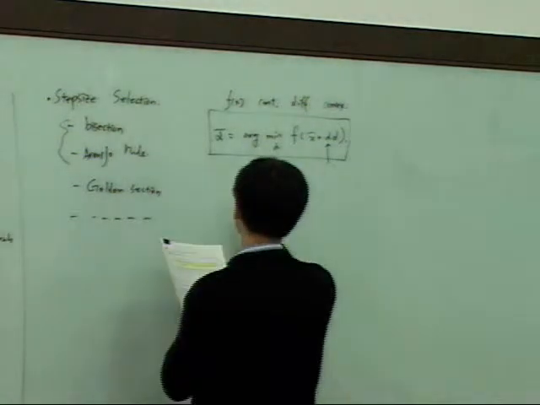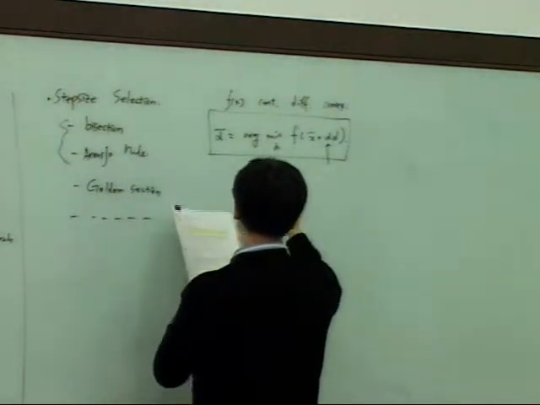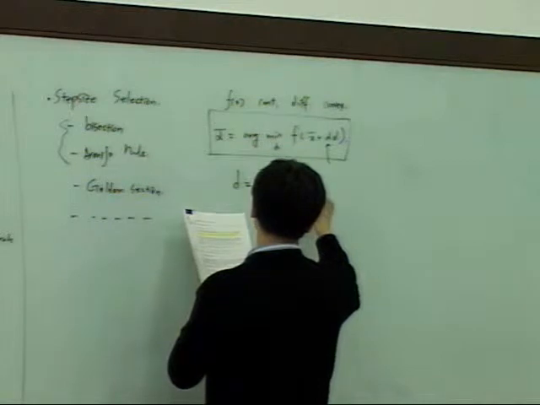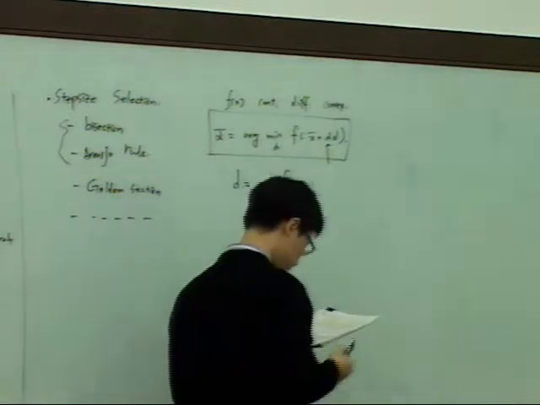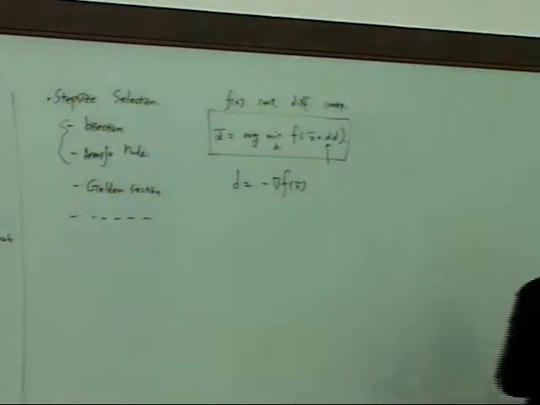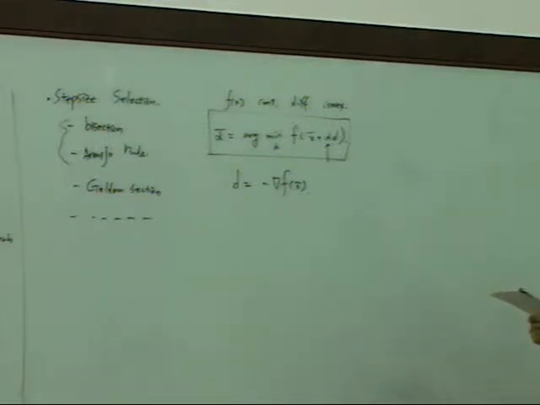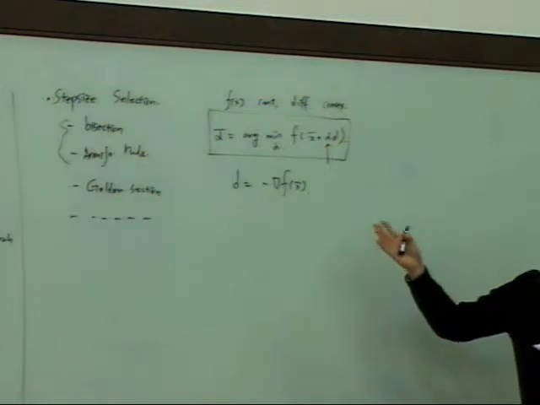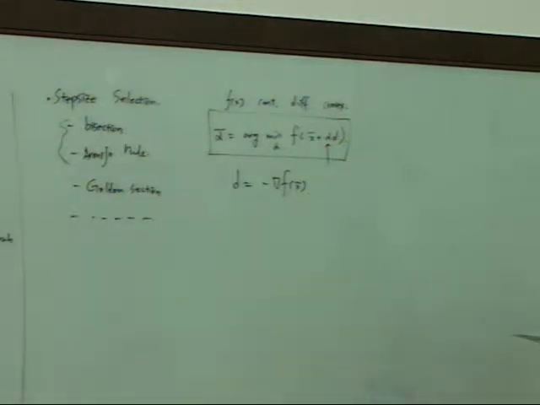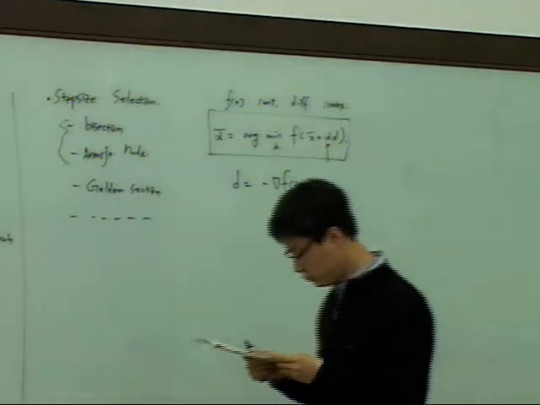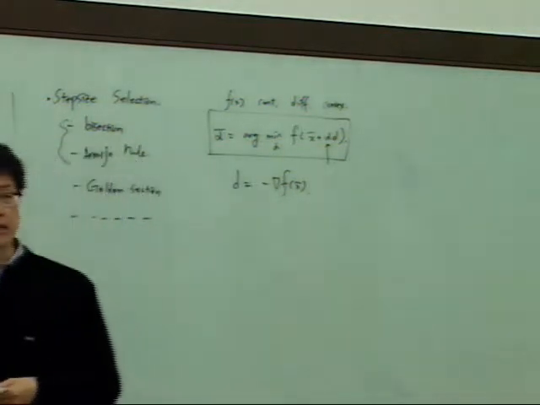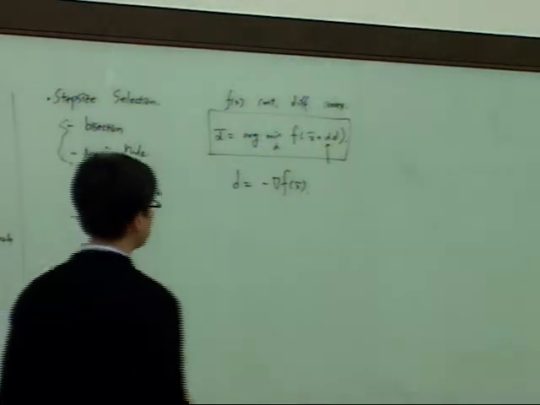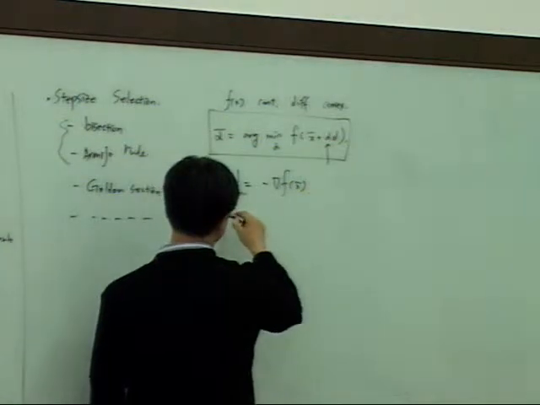If we are using the steepest descent algorithm, d is minus the gradient of f at x bar. If a different algorithm is used, like conjugate gradient or Newton's method, then d will be different. Anyway, the only assumption we make is that d should be a descent direction.